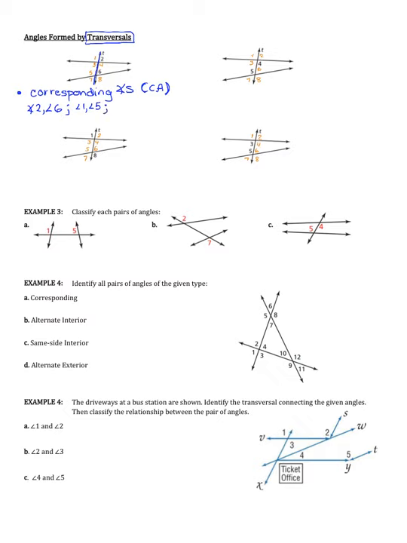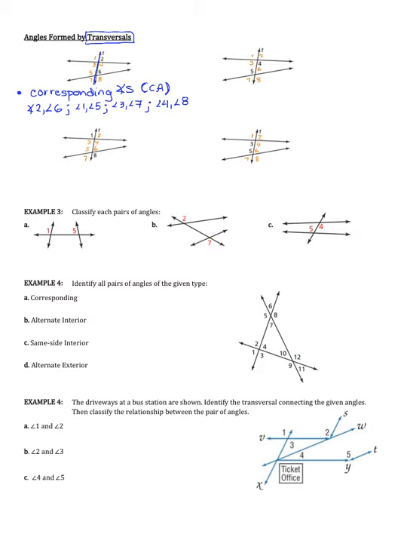We also have angle 3 and angle 7 are corresponding angles. They're both below their respective line and on the left of the transversal. And then the last pair you have would be angle 4 and angle 8 are also corresponding angles. So corresponding angles, they correspond in the same way.